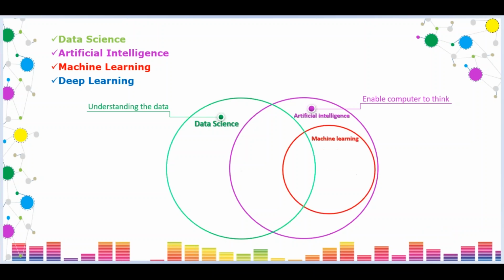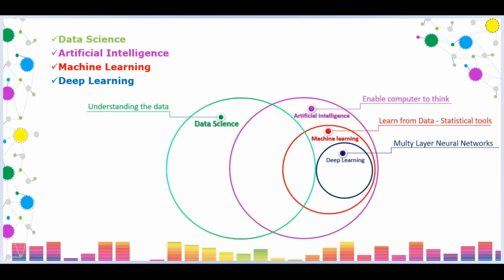Machine learning's purpose is mainly to learn from data by using different statistical tools. And deep learning is a multi-layered neural network. Okay, this is a different concept. If you look at this picture, data science overlaps artificial intelligence and machine learning.